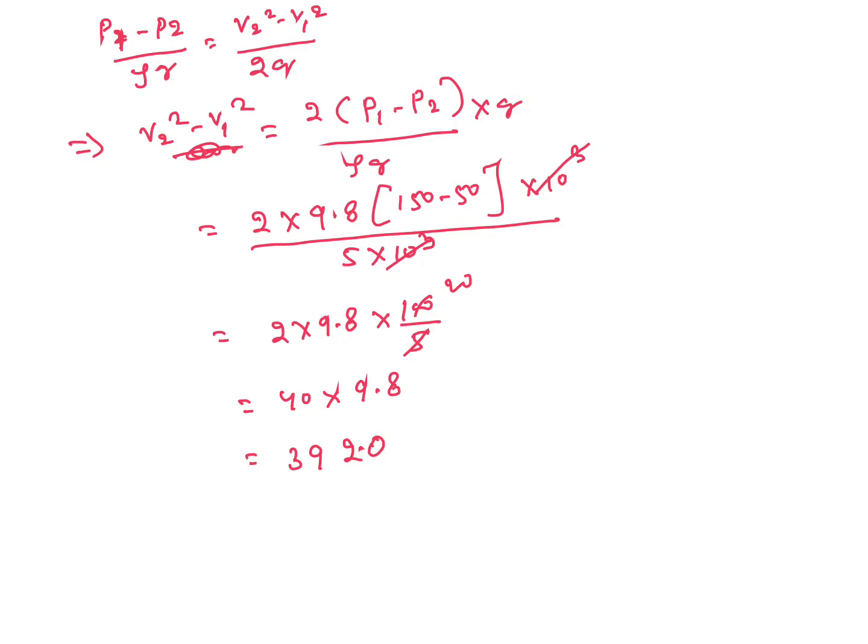This is V2 square minus V1 square, and from the continuity equation we have to calculate A1 V1 equal to A2 V2. So pi by 4 into 20 square into V1 equal to pi by 4 into 10 square into V2. So it's 4V1 equal to V2.